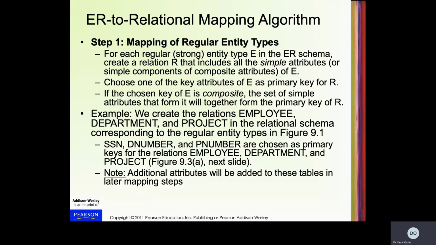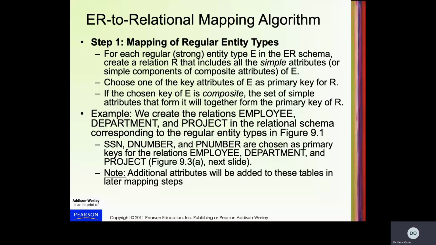Now, step 1, remember, is the regular entity types and converting them into relations or tables. So creating tables based on all the entities that we have in our conceptual model. Now, all the simple attributes will become attributes of this table or this relation.